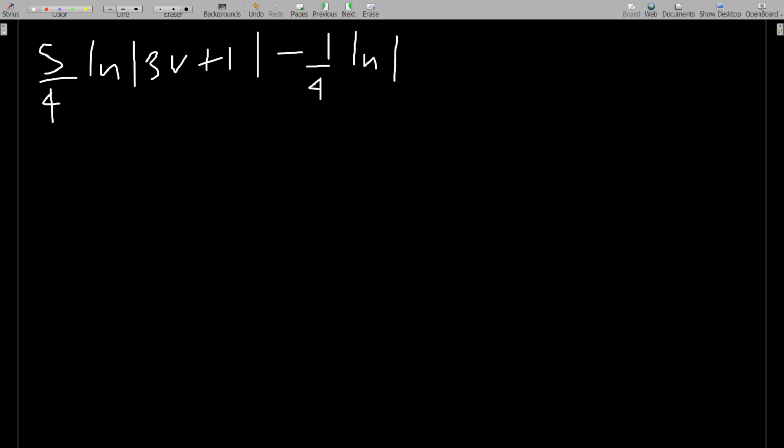So meaning that we have 5 over 4 ln of 3v plus 1, then minus 1 over 4 ln of v minus 1, is equal to ln of s. Then let me call my constant c. The constant was c, so let's call it ln of a.